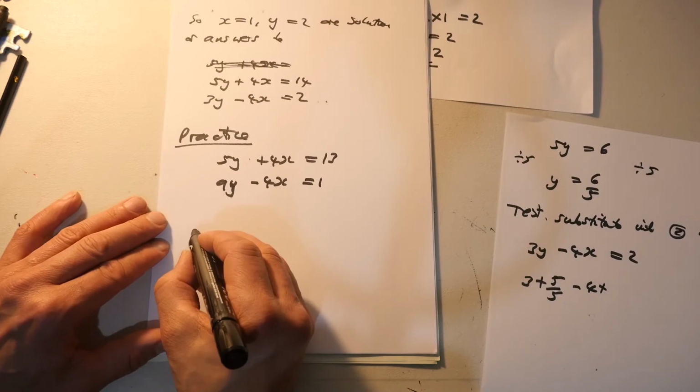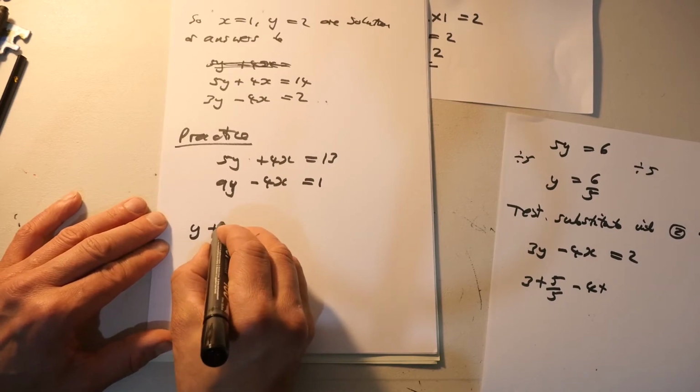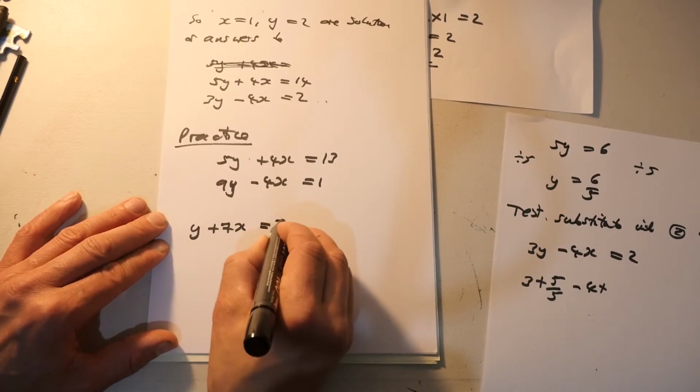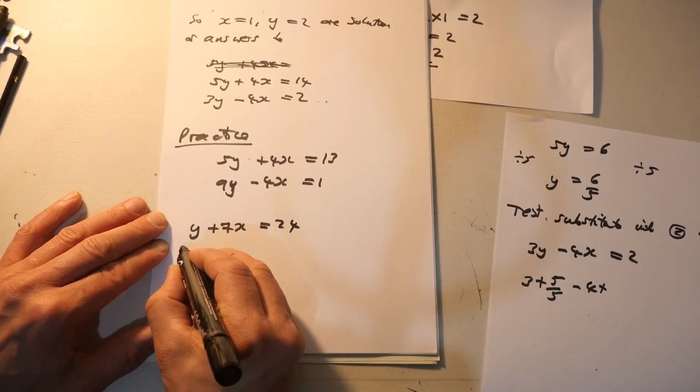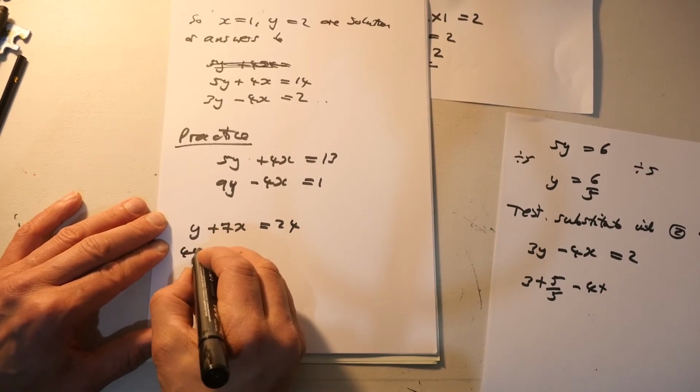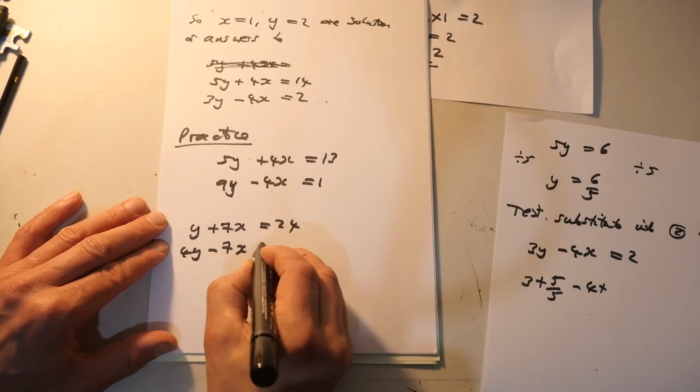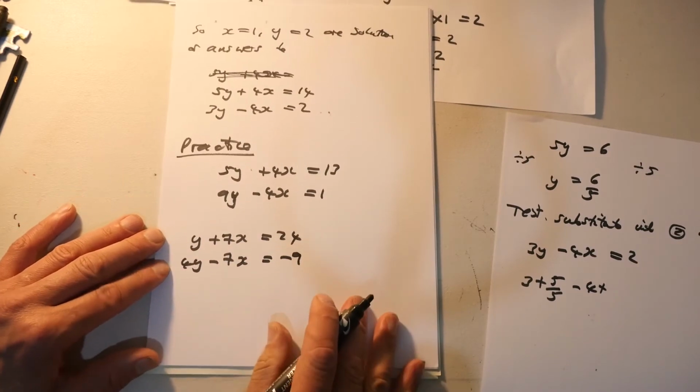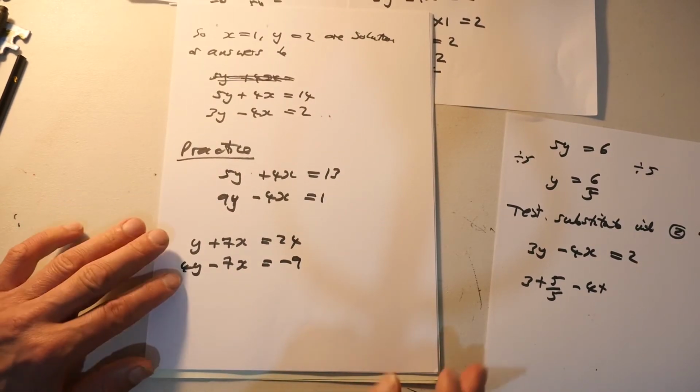And y plus 7x equals 24 and 4y minus 7x equals minus 9. Okay, for practice do those, okay?